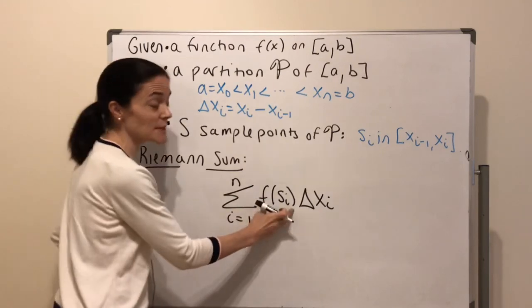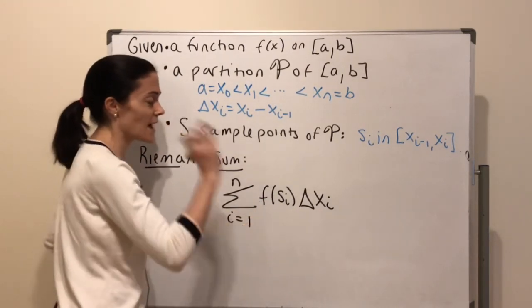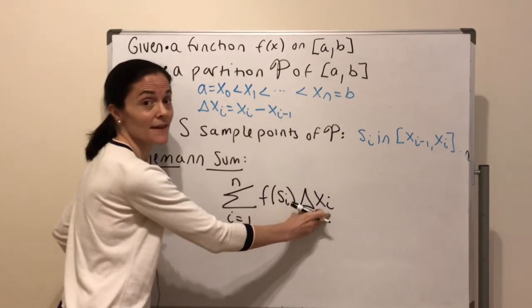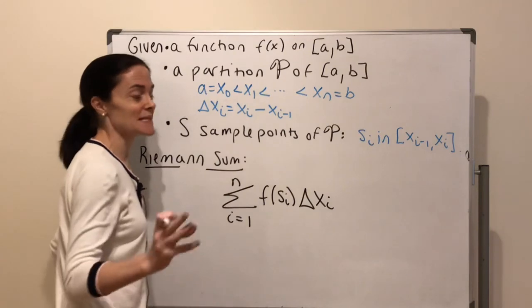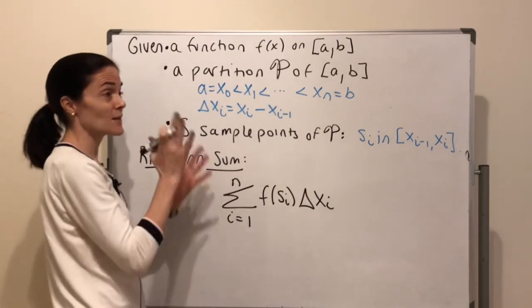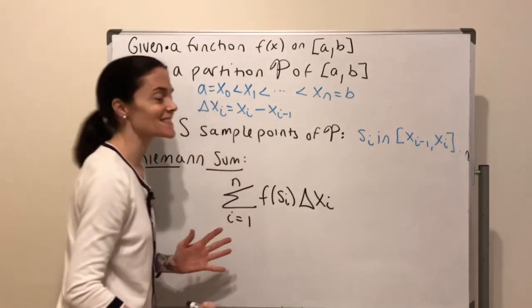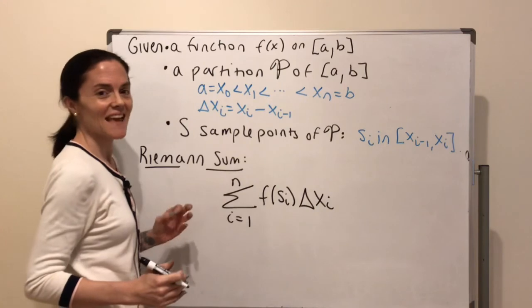So we multiply the function value at this sample point times the length of the interval. And this, well, we'll look at some pictures in a minute, but this is precisely what we did in the last example. We had the areas of these rectangles, and this is exactly what this sum is calculating.